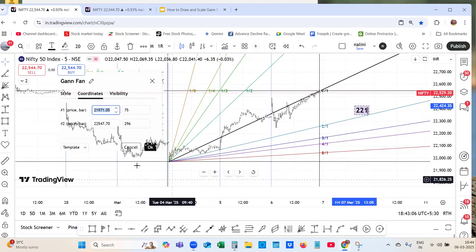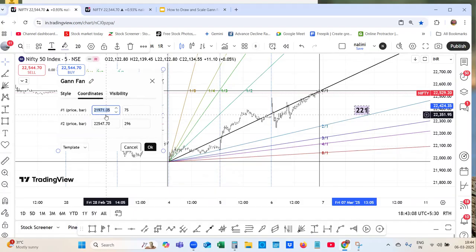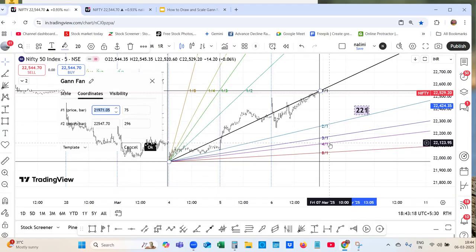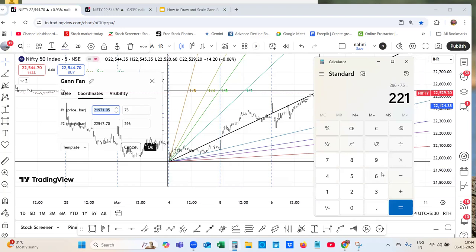Next thing we are going to do is convert the price to time. The first price, which has coordinated with the 75 bar, is 21,971.